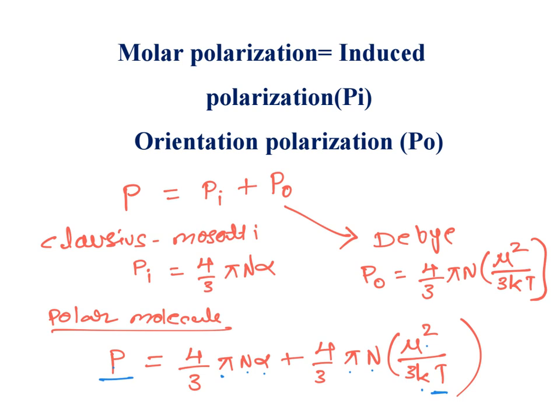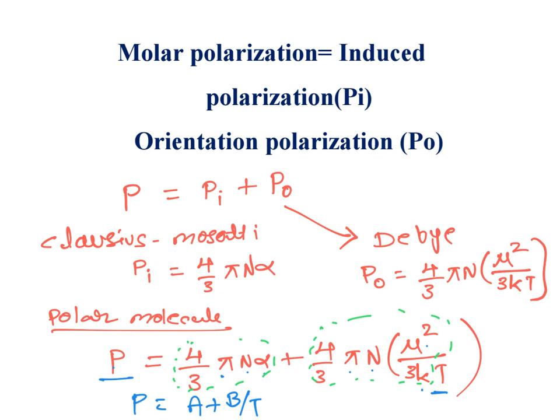Let us assume in this fashion. This constant I am taking as A and this is B. P equals A plus, this entire 4 by 3 pi n alpha I am taking as A and this is B, and what is left, temperature, I am writing.